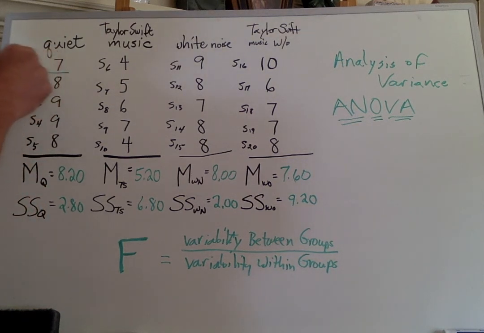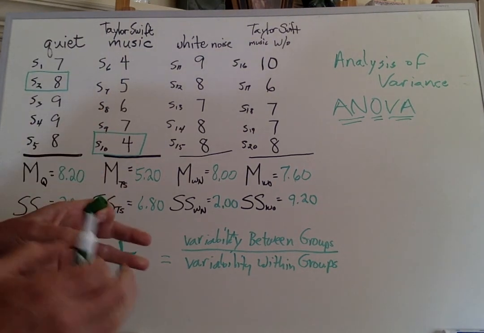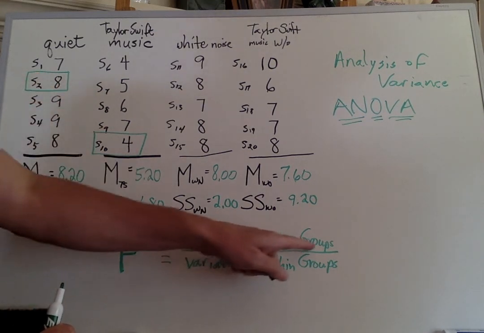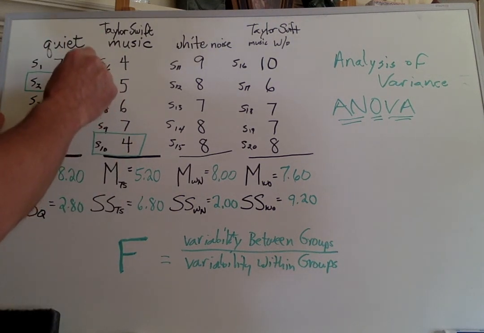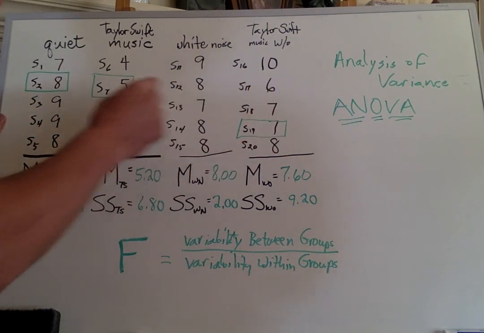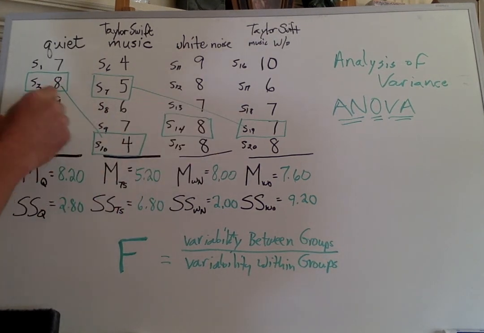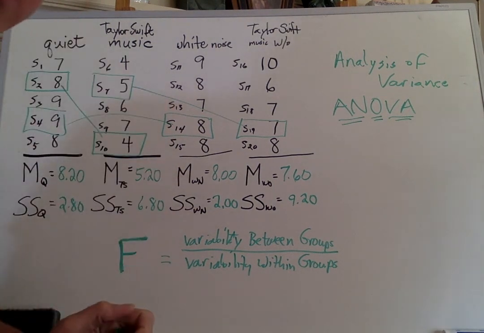Let's look at subject number 2, for example, and compare that to subject number 10. These are people in our experiment, and we're looking at between these two groups. I could also compare this person to this person. All these are between groups comparisons.